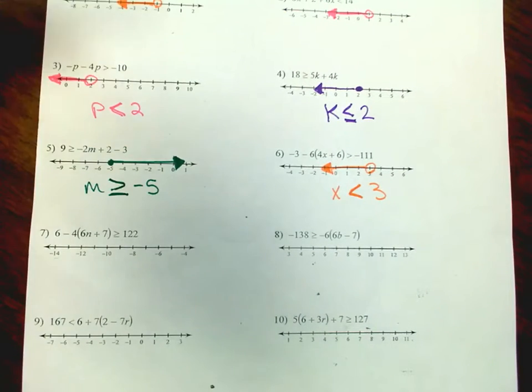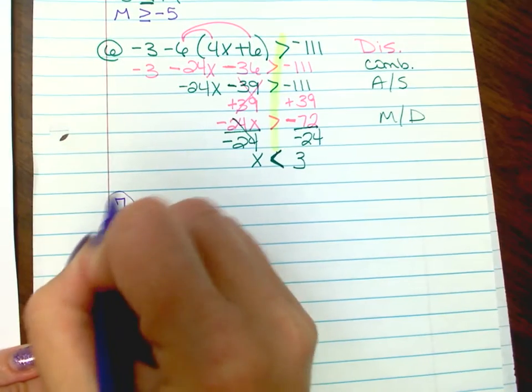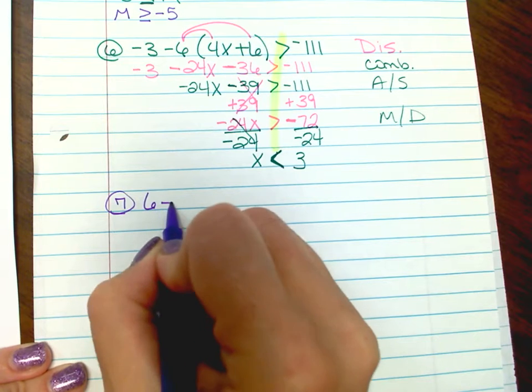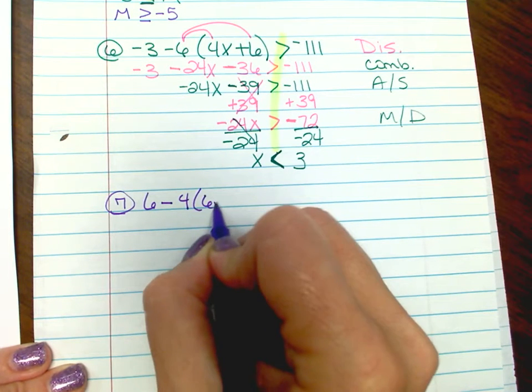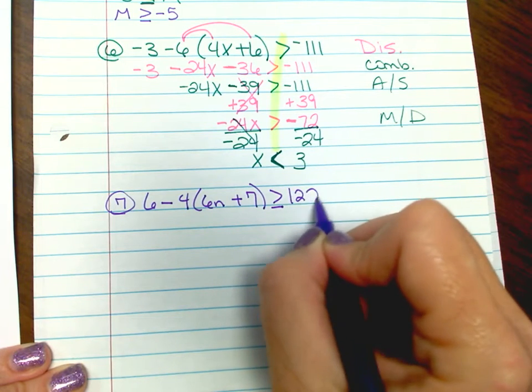Number 7. We have 6 minus 4, 6n plus 7 is greater than or equal to 122.